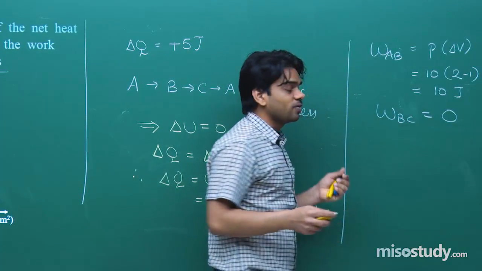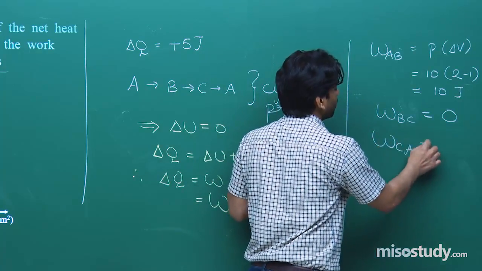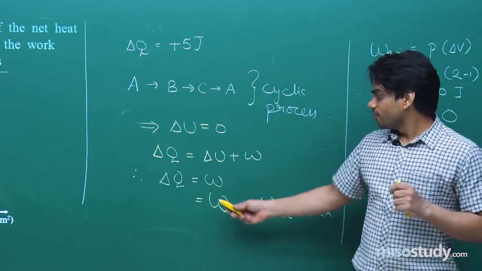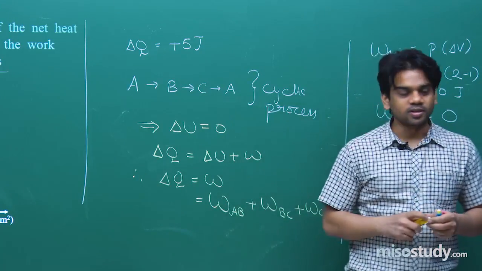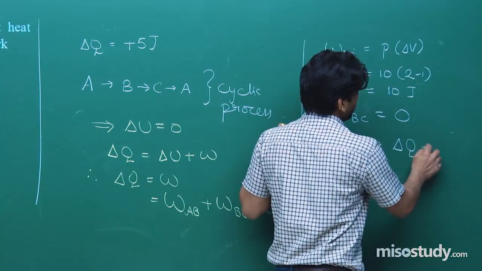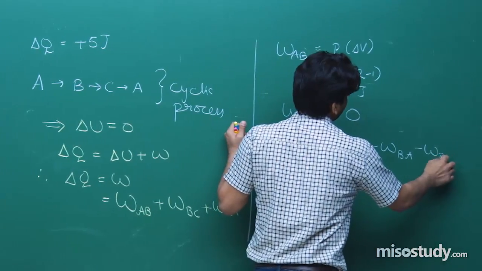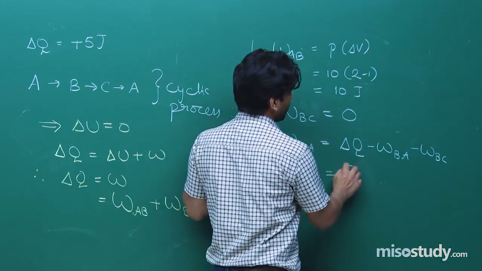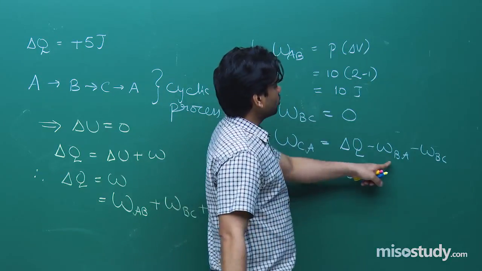We need to find out the value for C to A. So from this first equation, work done during C to A will come out to be delta Q minus W_AB minus W_BC. Delta Q is given as 5, so this comes out to be 5 minus W_AB.